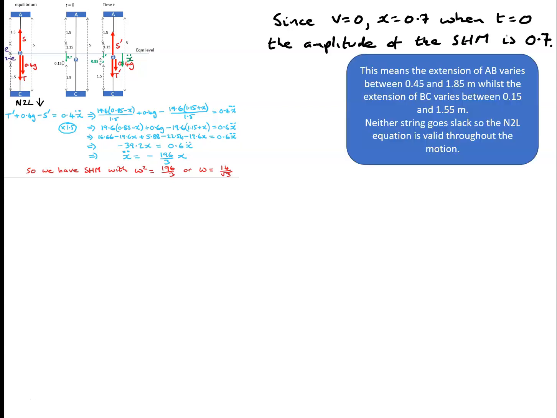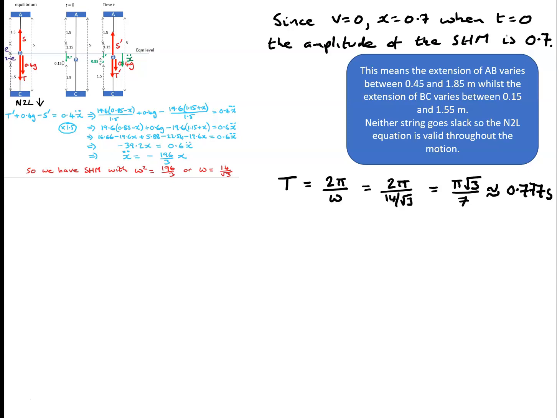This means that the extension of the string AB varies between 0.45 and 1.85 meters, whilst the extension of BC is going to vary between 0.15 meters and 1.55 meters, which tells me that neither string goes slack through the motion. So the Newton's second law equation we've got is valid throughout the motion, so we have got proper simple harmonic motion.